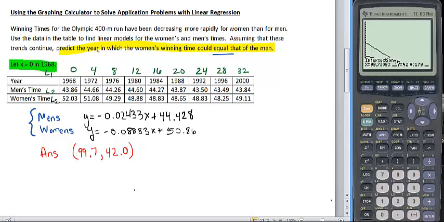So when I wanted to predict the year in which the women's winning time could equal that of the men, I really need to say that I want 99.7 or 100 years since 1968. That tells me that in 2068 they will have the same time.